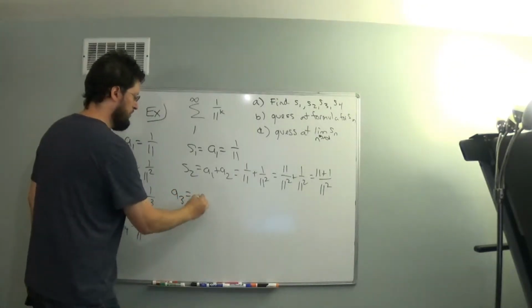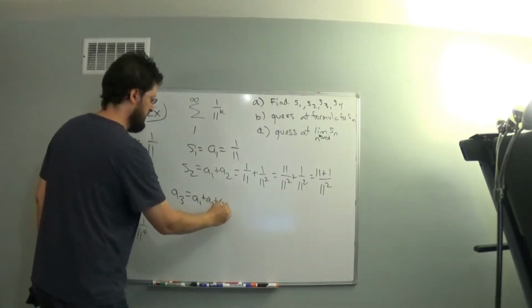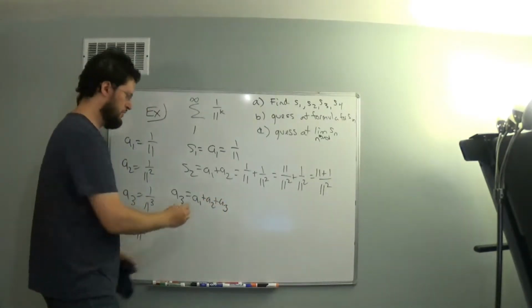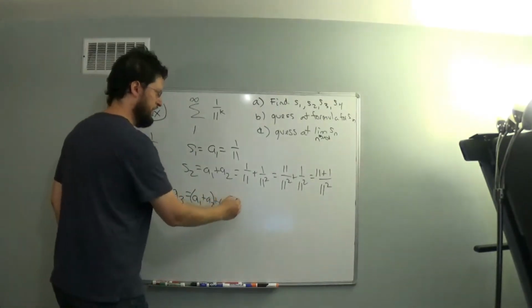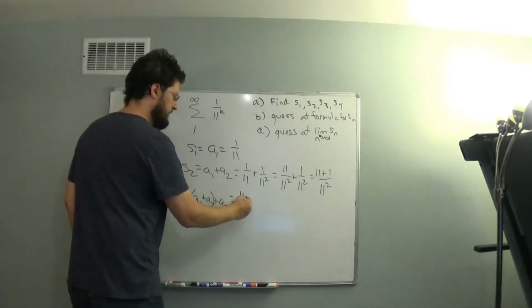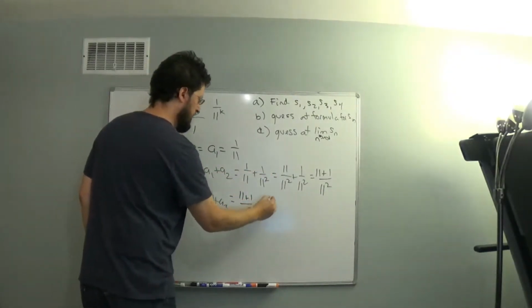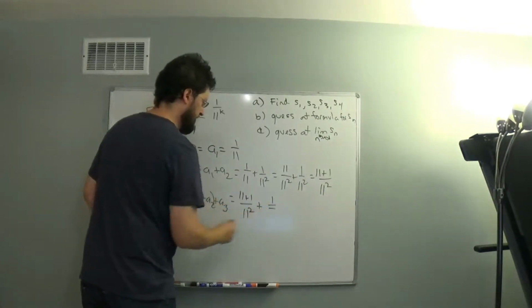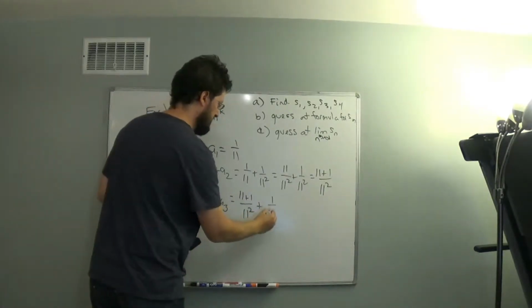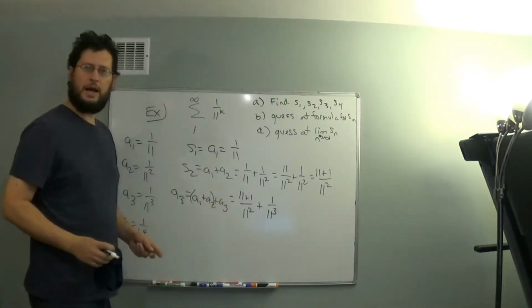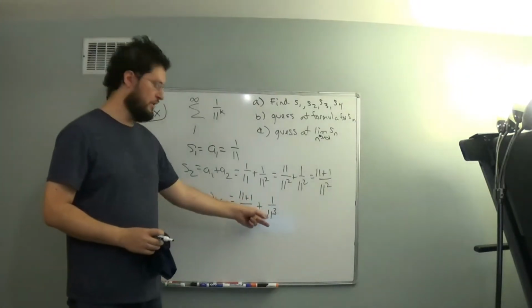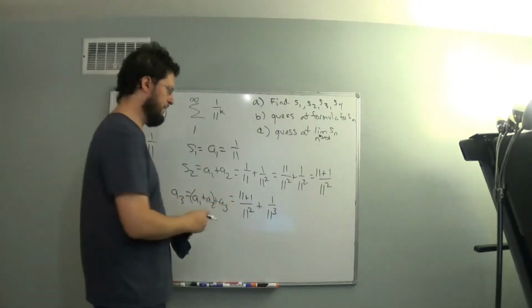S3 is A1 plus A2 plus A3. Well, A1 plus A2, we've already figured out, that's 11 plus 1 over 11 squared. And then A3 is 1 over 11 cubed. So if I need a common denominator, that would be 11 cubed. So I need to multiply this by 11 over 11.